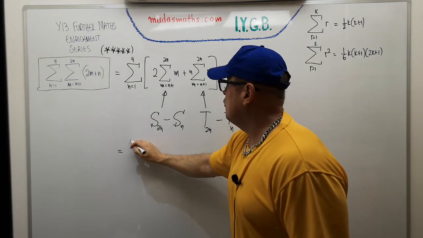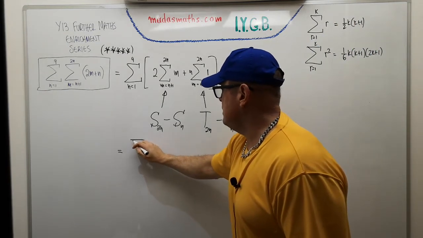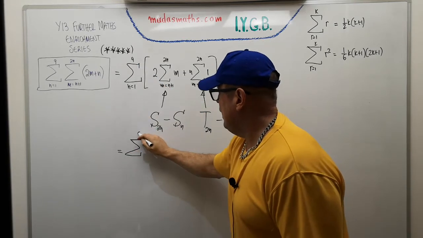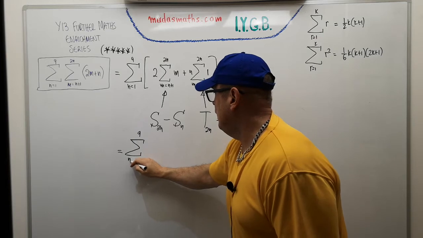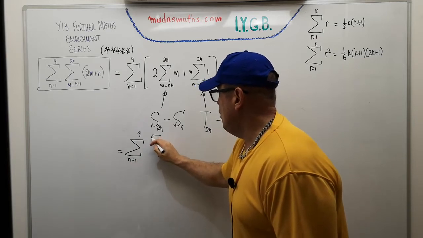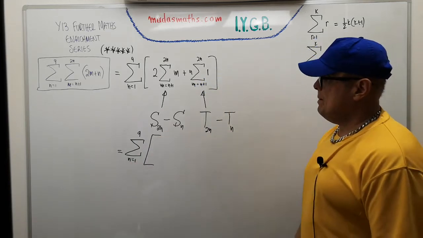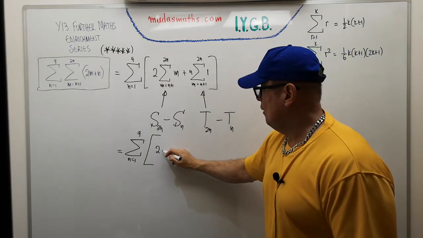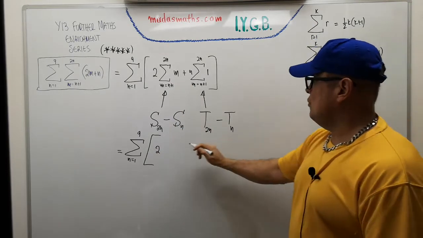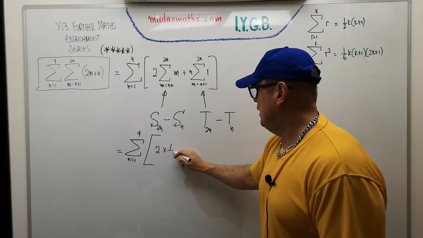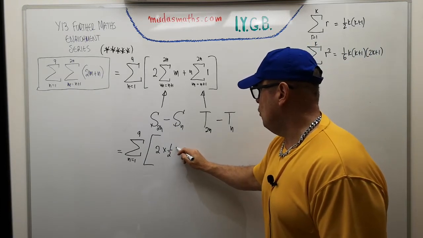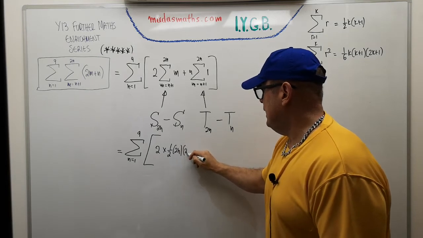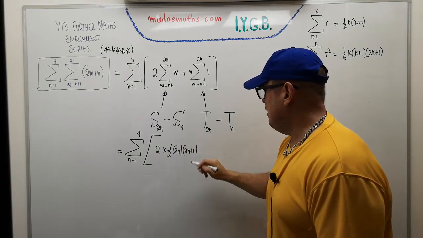That, of course, is going to give me, first of all, let's not forget the outer sigma, which is lying there, 9 on the top, n is equal to 1, and all of these things are going to be inside this argument. We have, of course, 2 lots of that, so it's going to be a half. Let me just write it and then we can check it's all correct. 2n bracket 2n plus 1.